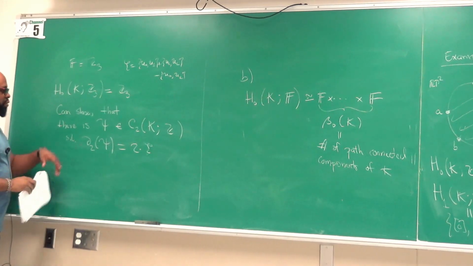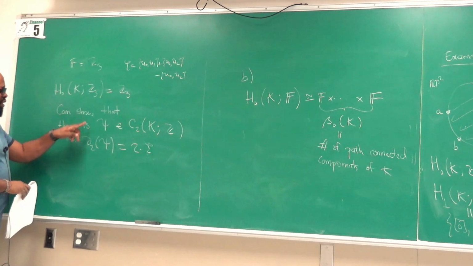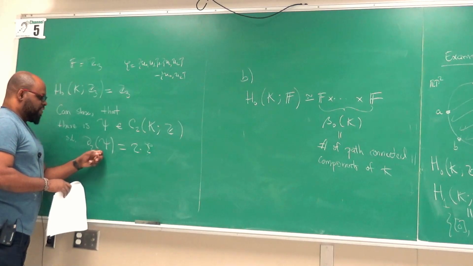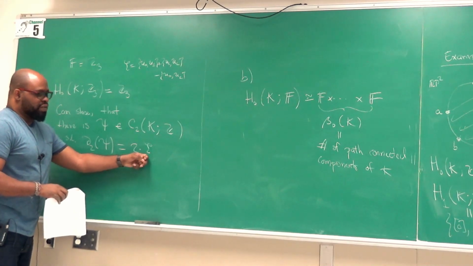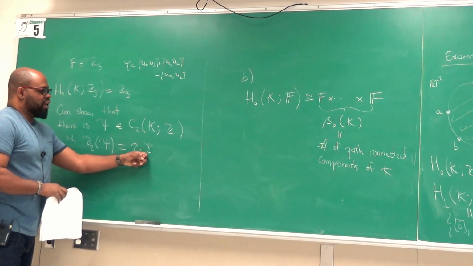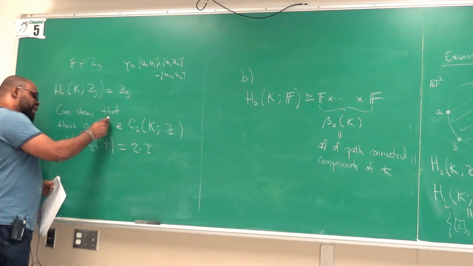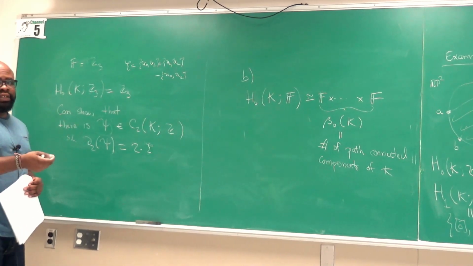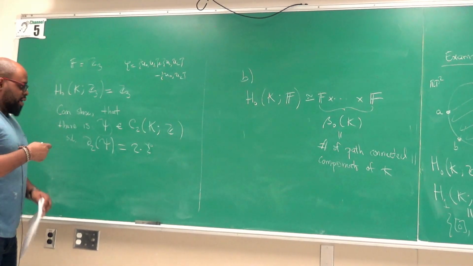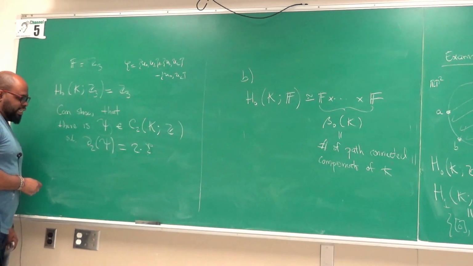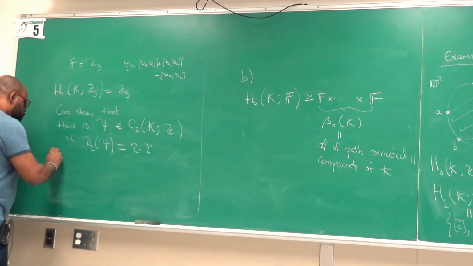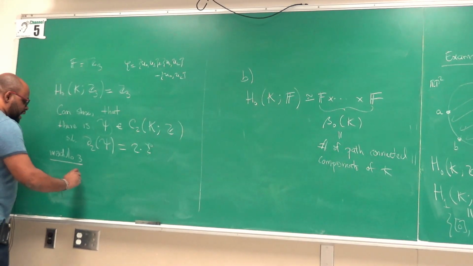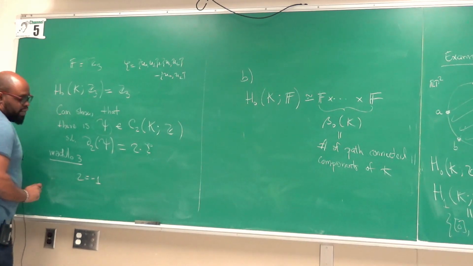So one can show that there is an integer 2-chain, so that if one computes the boundary of it, one gets twice the generator of the homology in degree 1. Psi is going to be a sum of the simplices with plus or minus signs appropriately chosen. So what happens modulo 3 is that 2 is equal to minus 1.